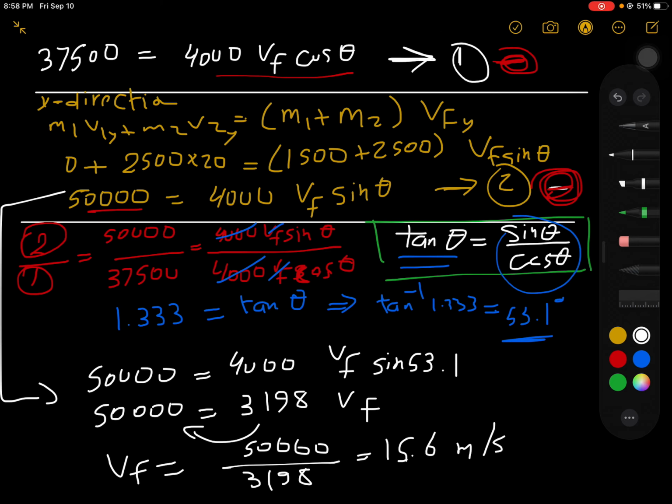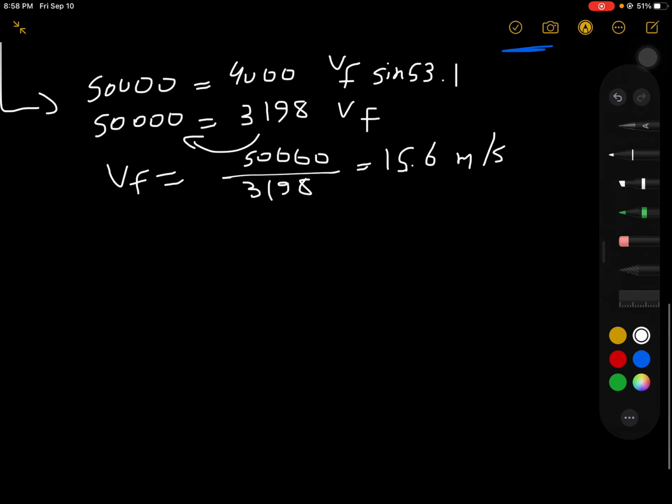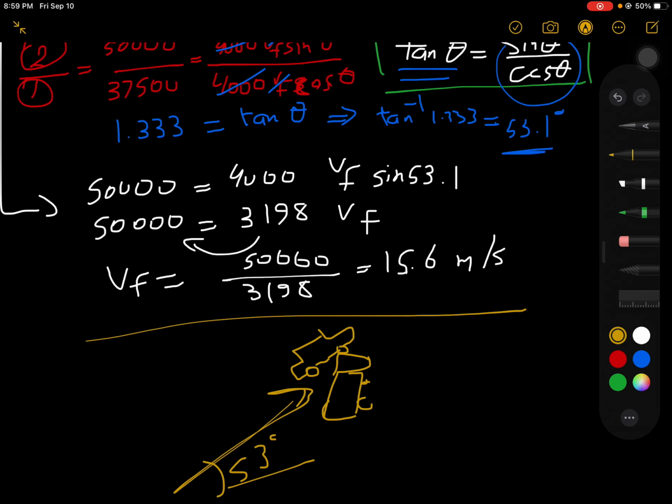So vf equals 15.6 meters per second, and we just calculated the velocity of both vehicles, because they are stuck together and moving with the same velocity after the collision, like that, with a 53 degree angle as we solved. Okay, thank you for watching.